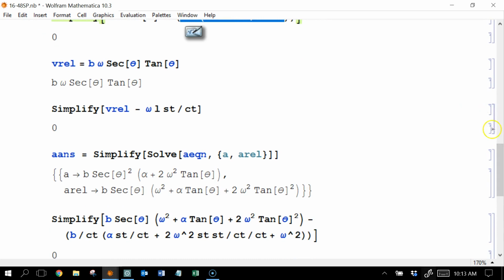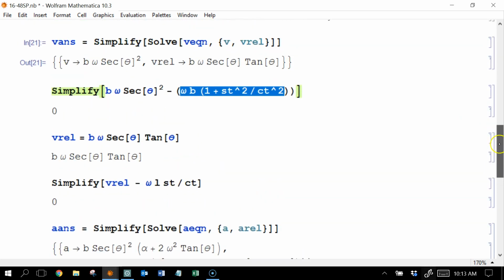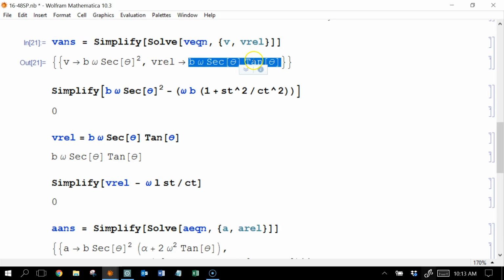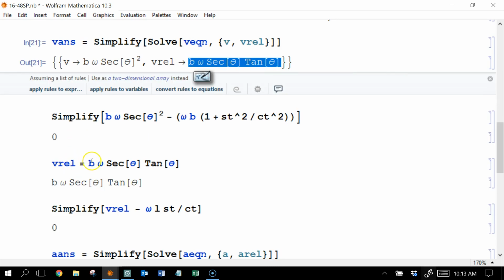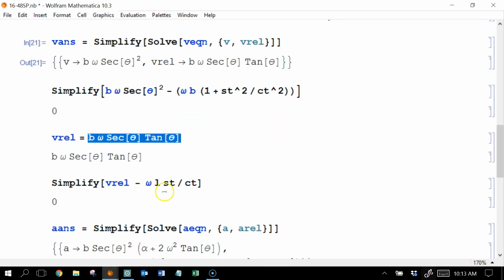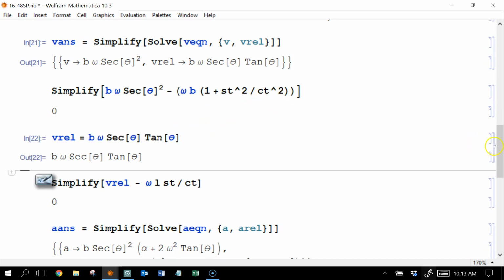Okay, so then you need the VREL term in the acceleration. So all I did was copy and paste. Here's the VREL. I selected that, copied it, and pasted it in down here. And then I executed that so that it knows what VREL is now.